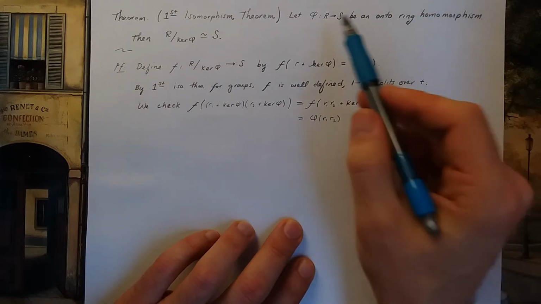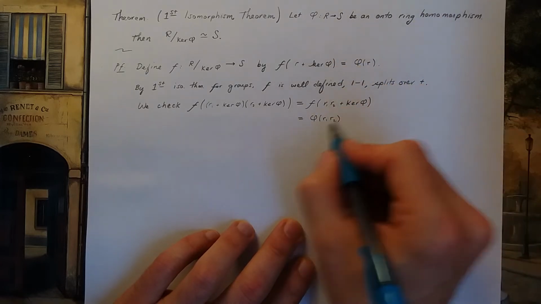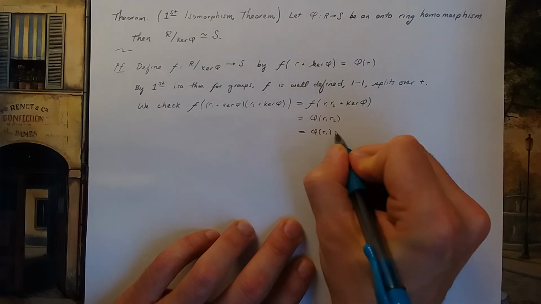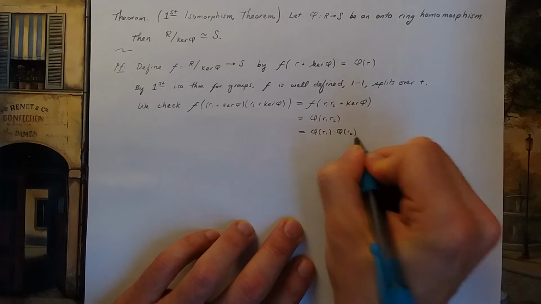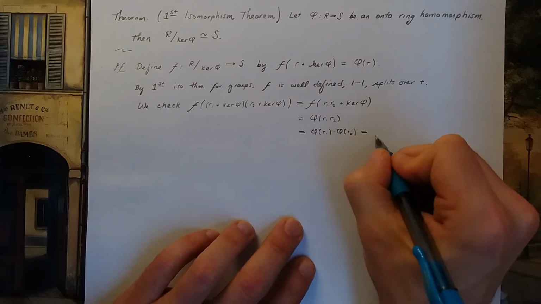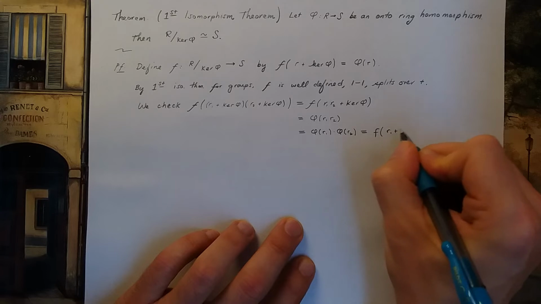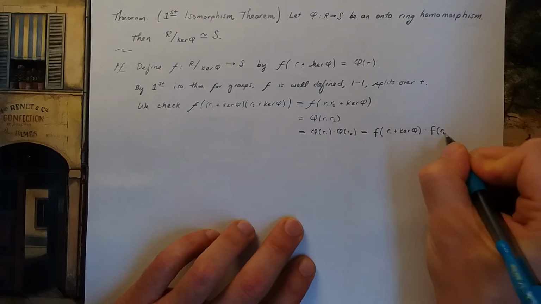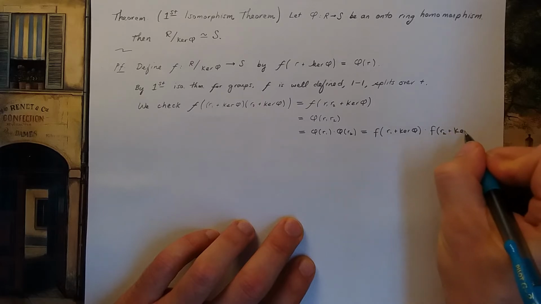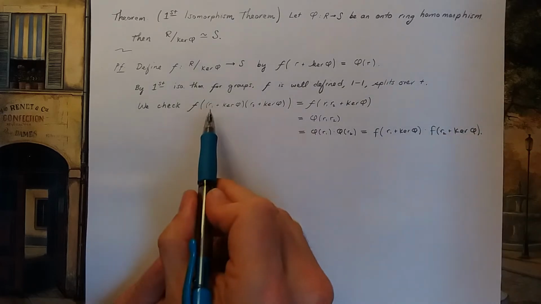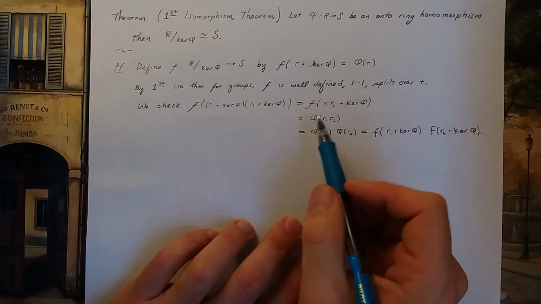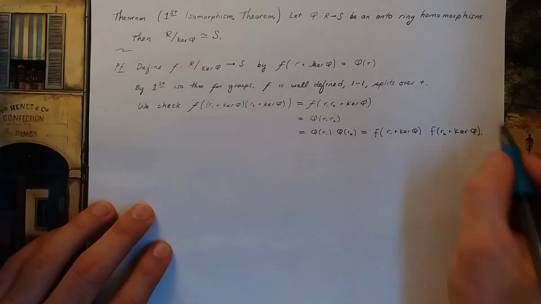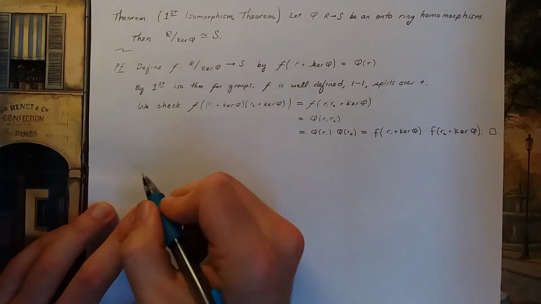Now, phi is a ring homomorphism. It splits over addition and products. So this is phi of R1 times phi of R2, which of course is f of R1 plus the kernel times f of R2 plus the kernel. That shows the desired property. Everything else follows from the theorem that we proved last quarter about groups. So that's the end of the theorem.